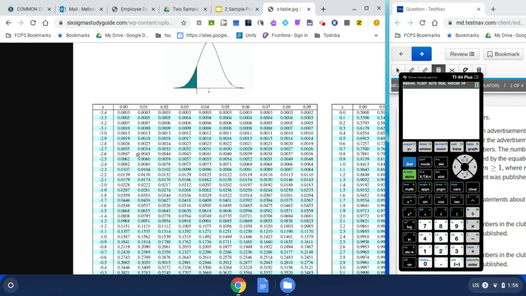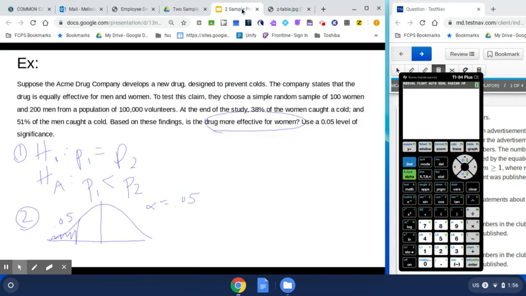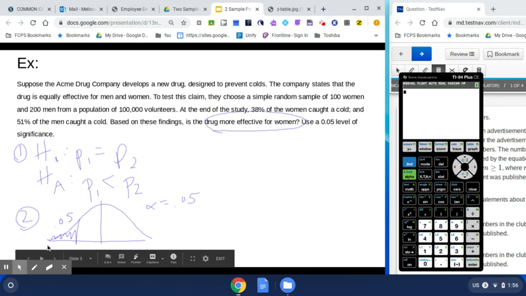I'm scanning this middle for the closest number to 0.05. So if I look, I see 0.0505 here and 0.0495 here. If we follow both of those out, we see negative 1.64 and negative 1.65. We average those two together since they're evenly split, so my critical value is negative 1.645.